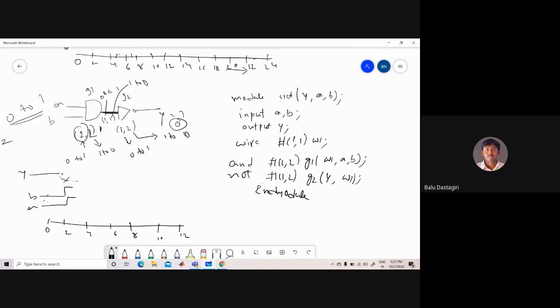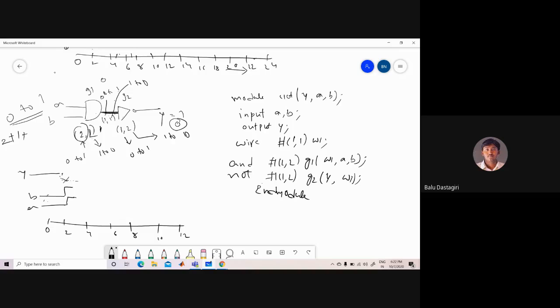Once again, in the previous case the wire carried a logic of 0. Now the wire is carrying a logic of 1. Whenever the wire goes from 0 to 1, it again has a delay of 1 time unit, that is 2 plus 1.